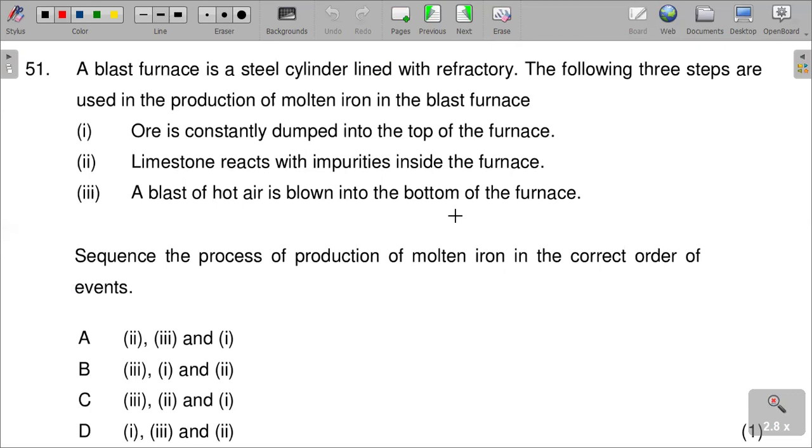We are saying ore is constantly dumped into the top, so this should be one. The correct order of events, it should be one. And then we have a blast of hot air is blown into the bottom of the furnace, and then number two.